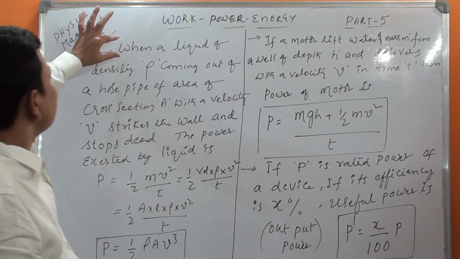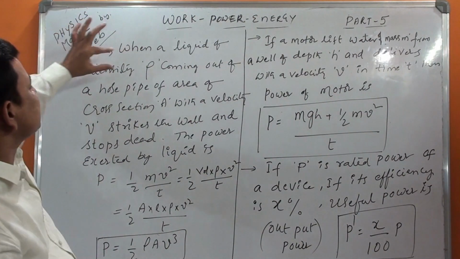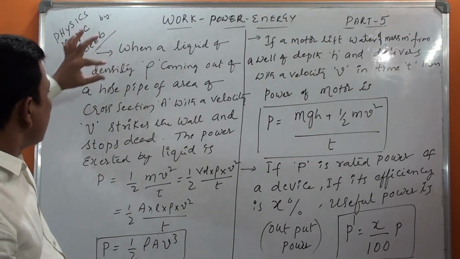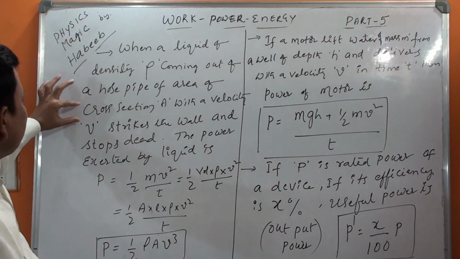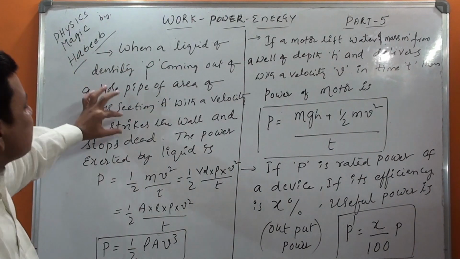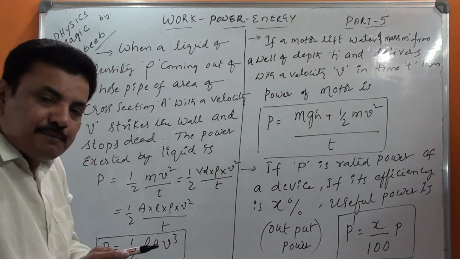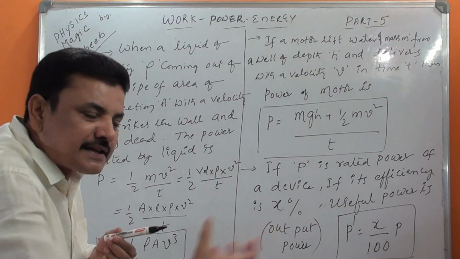Then finally, another very crucial question. A liquid of density rho comes out of a hose pipe of area of cross section A with a velocity v, strikes the wall and stops dead. So this is a hose pipe from which the liquid is coming out.